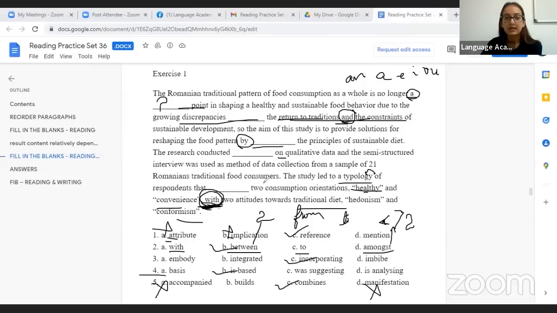Fourth blank says, where is it? The research conducted dash on qualitative data and the semi-structured interview was used.